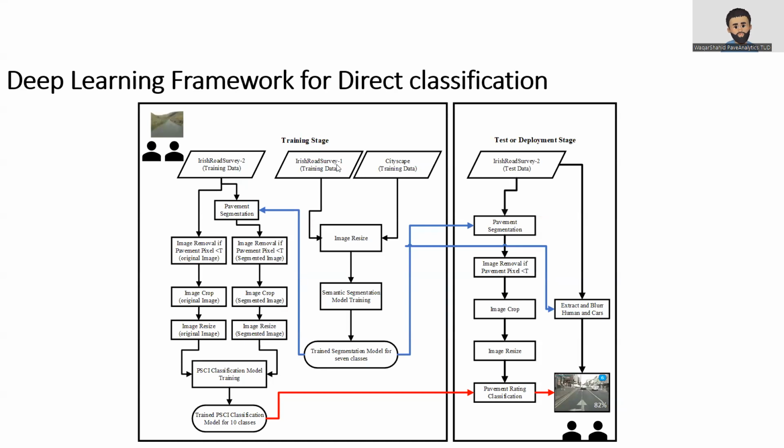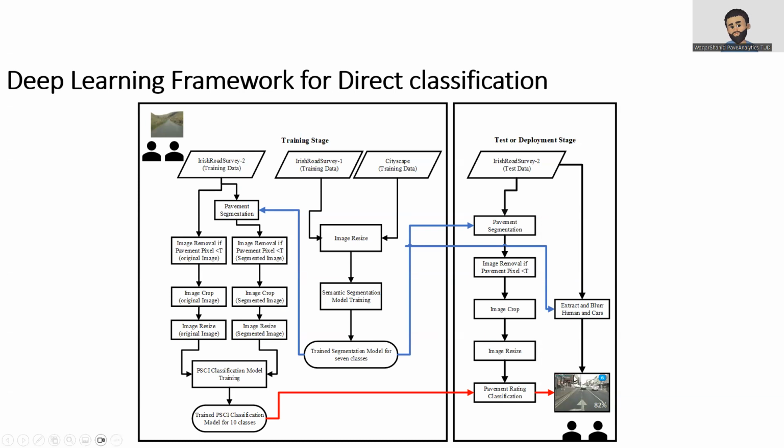And similarly, we have also developed a model for classification of the images on a rating scale of 1 to 10 that first extracts the pavement based on this first deep learning model, and then uses the extracted pavement pixels to classify them on a rating scale of 1 to 10.